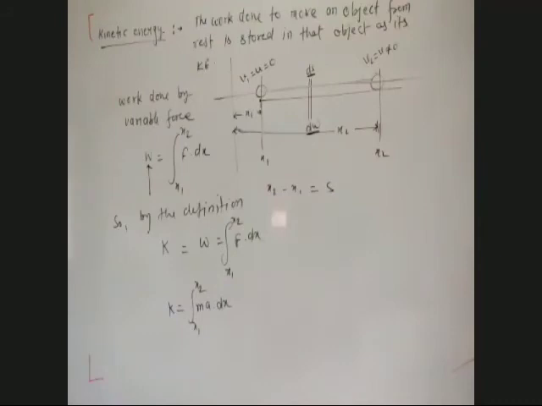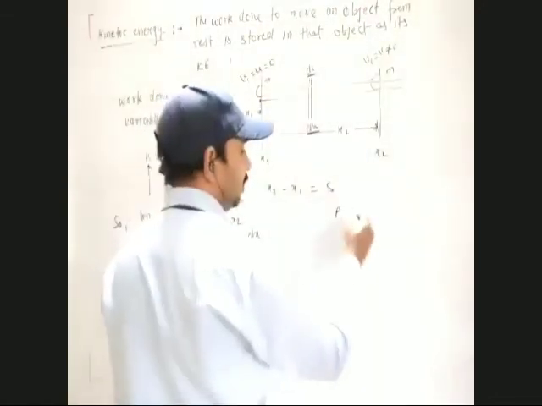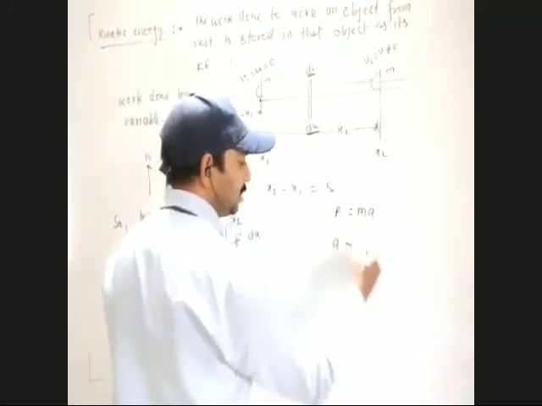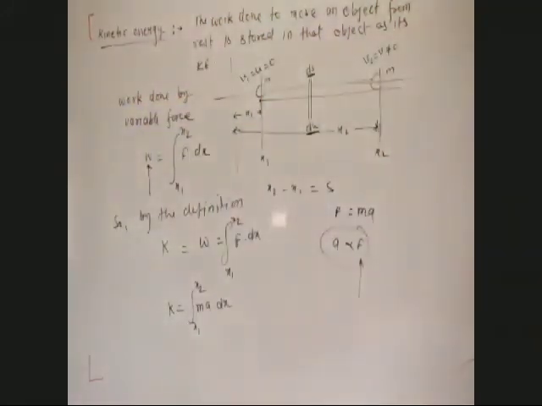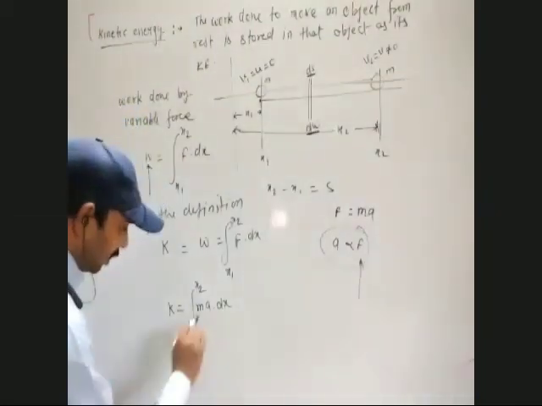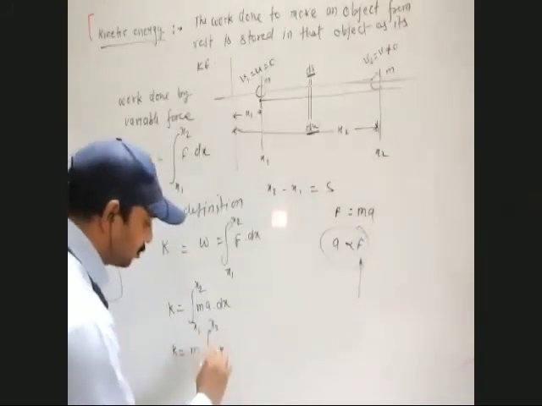Tell me, is acceleration constant here or variable? Its mass is constant, m, but f is different. F is equal to ma, so a is proportional to f. As f changes, acceleration also changes. So that means we have variable acceleration, and m will come outside the integration x1 to x2 a dx.